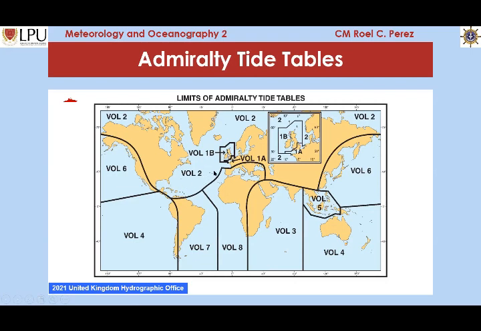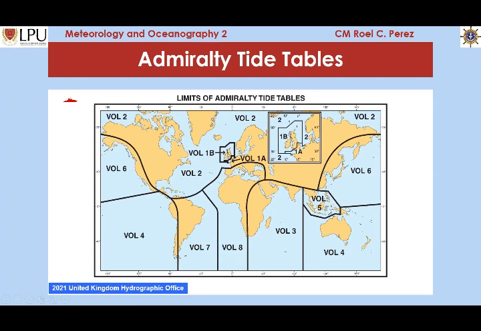And volume 2, as you can see here, is the Atlantic, including the Arctic or North Atlantic. And then volume 6 is the North Pacific. Volume 4 is the South Pacific. And then the South Atlantic is divided into two, volume 7 and volume 8.